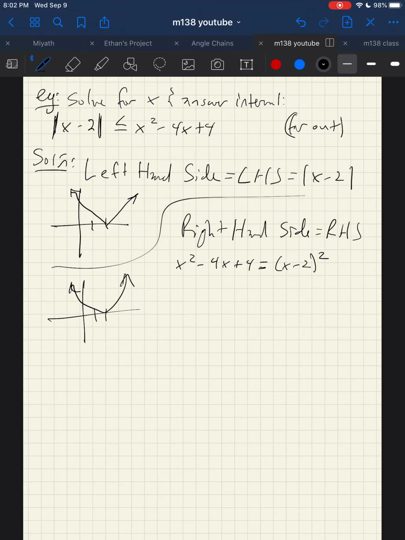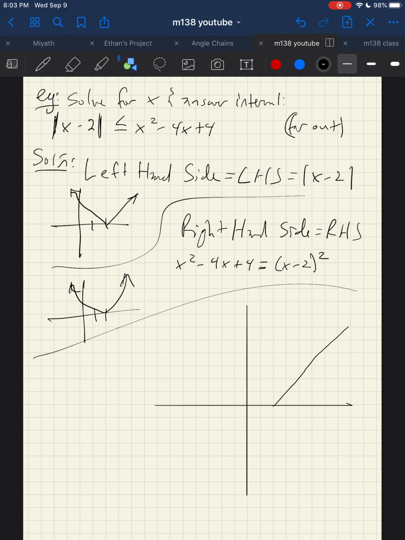Now, how do we figure out when the parabola is going to be above or below this absolute value thing? We can try our test points again, and we can try our equations again, or we can just graph a picture. Let me do a better job of graphing.